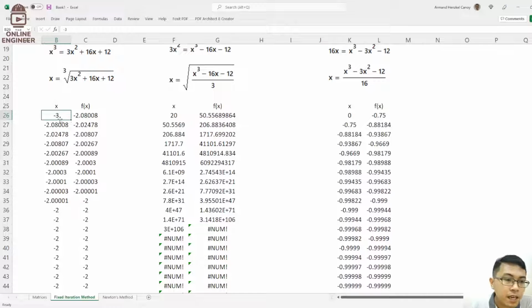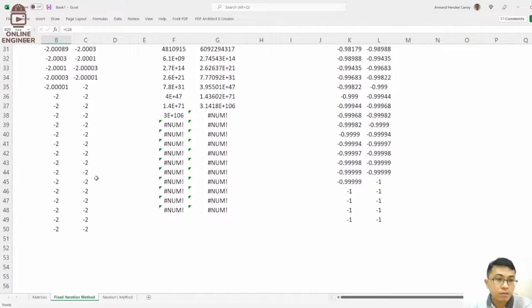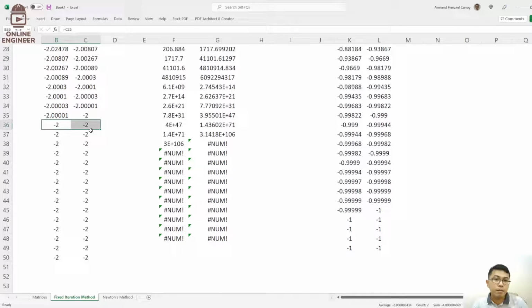Once again, the process here: first it substitutes -3 into the entire equation, and whatever the value here becomes the new value for x. Solve for x again, this becomes the new value of x. Solve again, this becomes the new value of x until it converges, meaning it will have the same value. Okay?